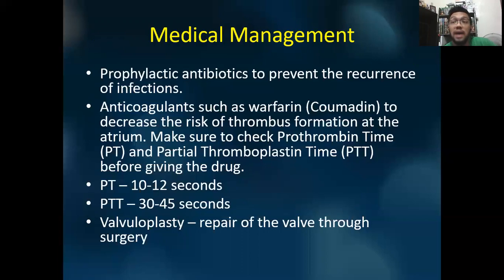If just in case heparin is the one that is given. The normal value for PT or prothrombin time is at 10 to 12 seconds, while for partial thromboplastin time, it's at 30 to 45 seconds.